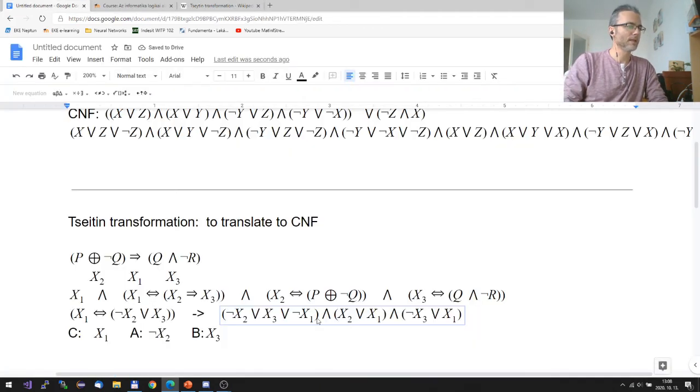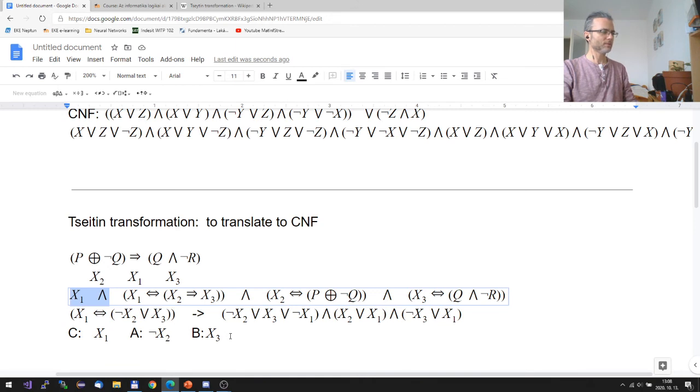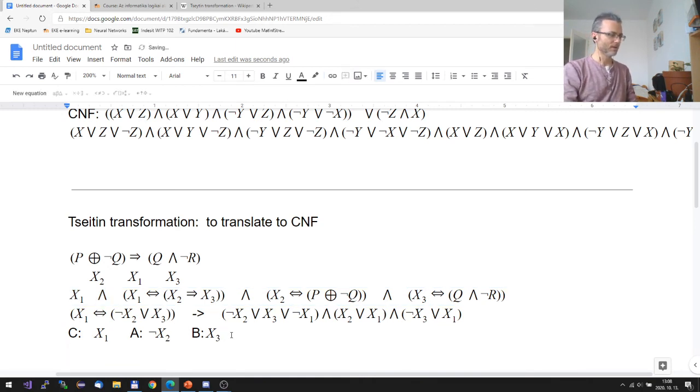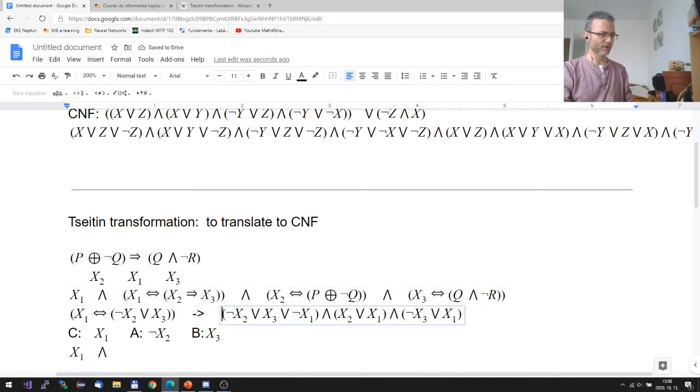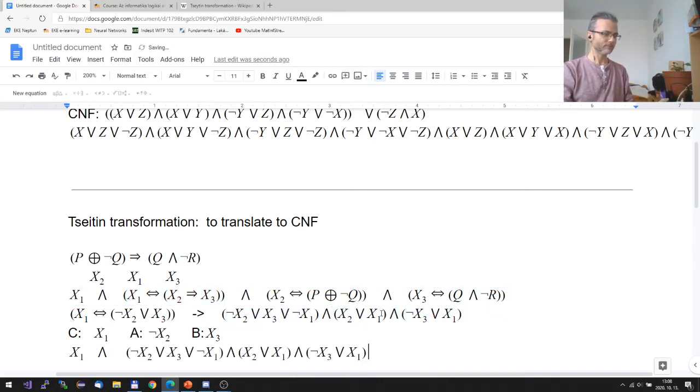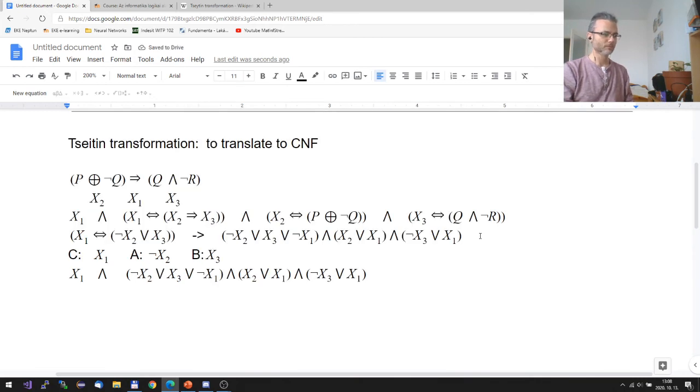So we applied this table, I mean this particular rewrite rule, and this is what we did actually. We just translated this part of the formula to this CNF, so you can just copy and paste it and put it here. Great. This is so far a CNF.